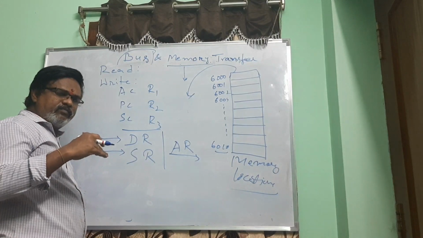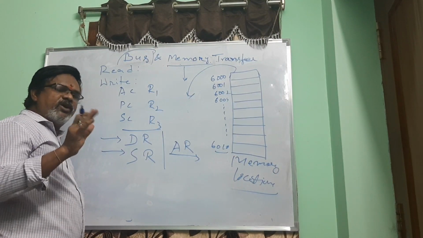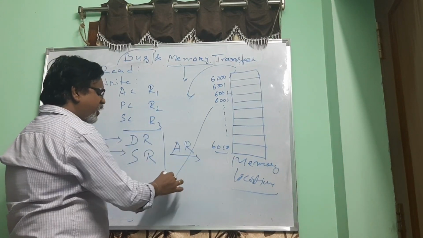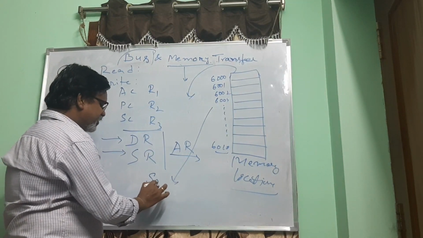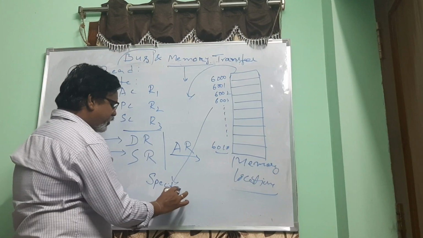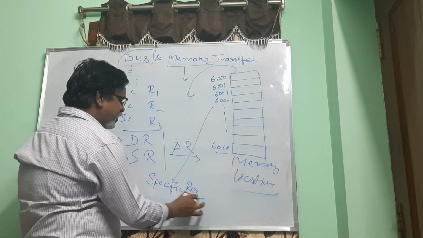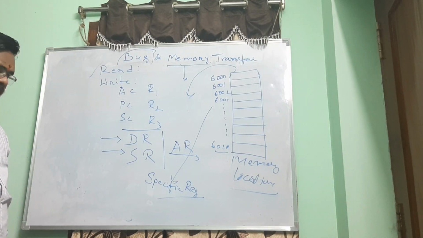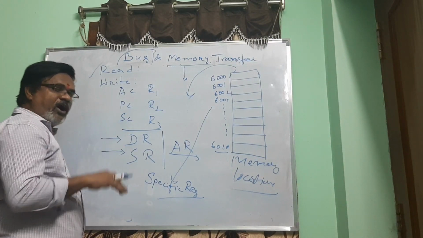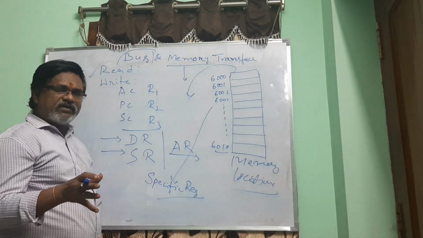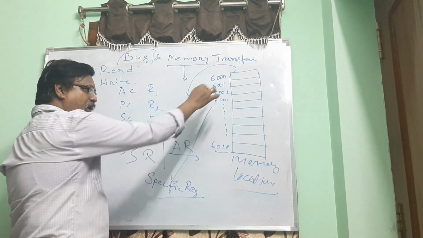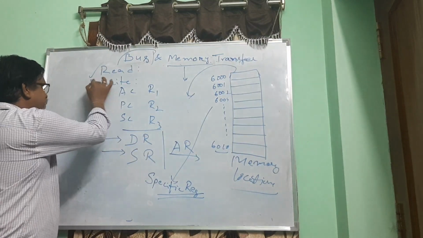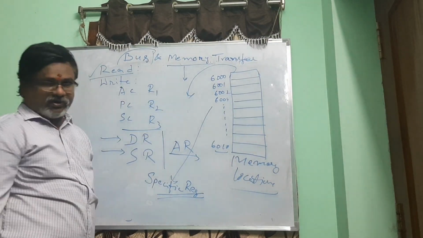Listen carefully: if you are going to get some data from memory to a specific register, that is called a read operation. I am repeating again. If you are trying to get something from the memory location to a specific register, that operation is called a read operation.